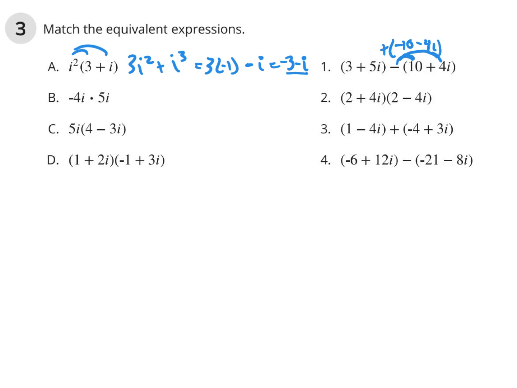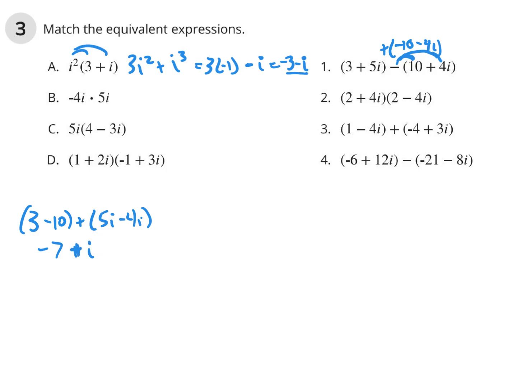All right, so when we add real numbers, put your reals together and put your imaginaries together. This leaves us with negative 7 plus 1i.